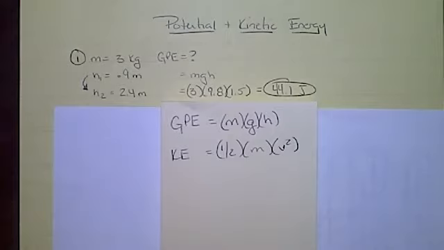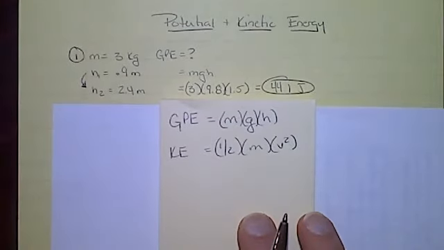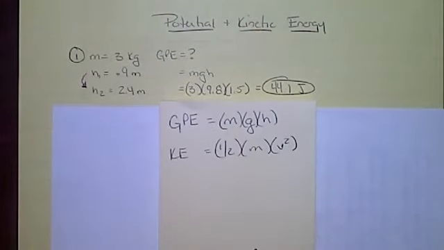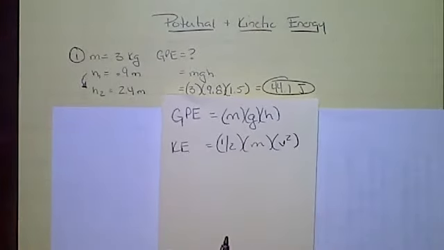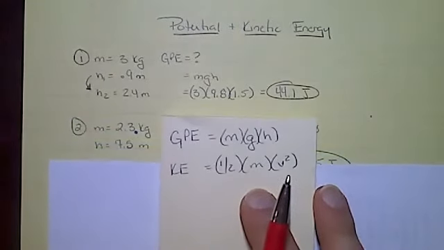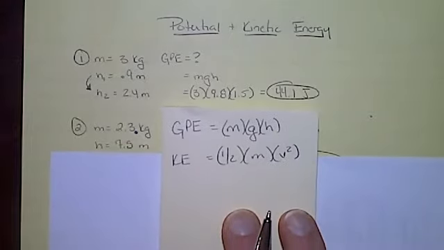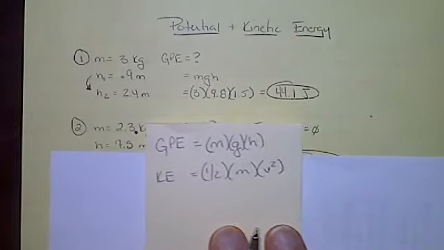So again, we're starting with the mass, a 2.3 kilogram brick, right? And then we have a height of 7.5 meters, because it starts 7.5 meters up and then falls down to the ground, and we want to find out what the gravitational potential energy is.